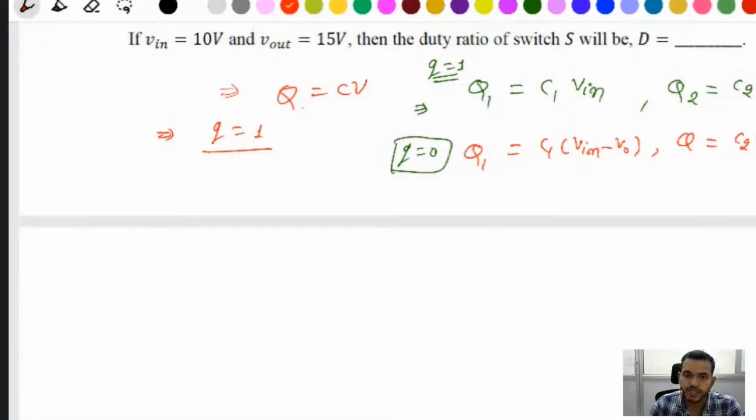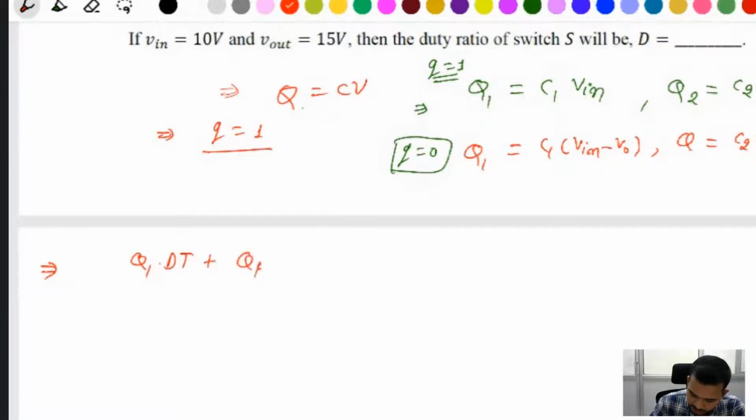Charge balance means the average charge of the capacitor is 0. In one time period it charges and in the other time period it discharges. When Q is on, so Q is 1, the capacitor will charge, and when Q is 0, the capacitor will discharge.